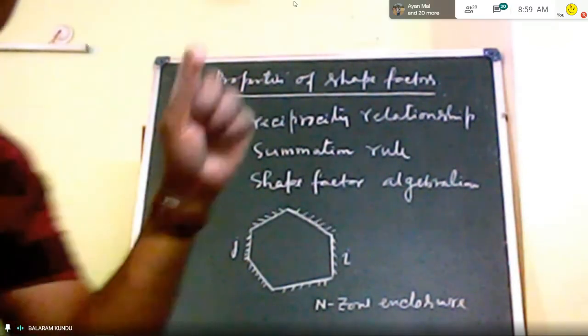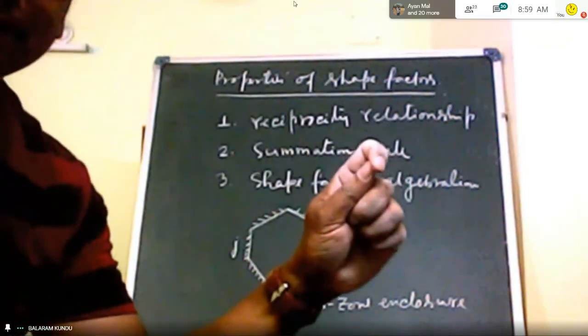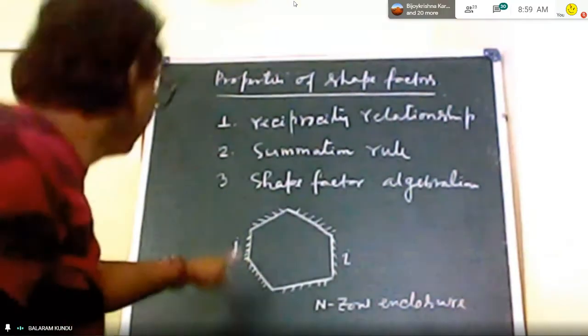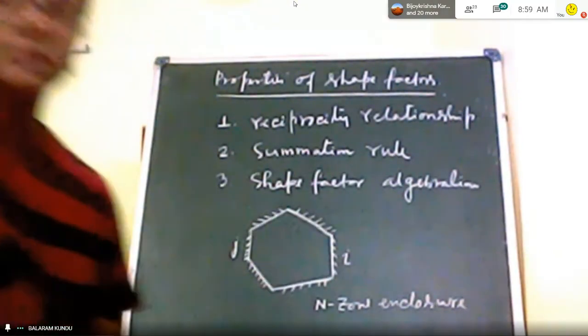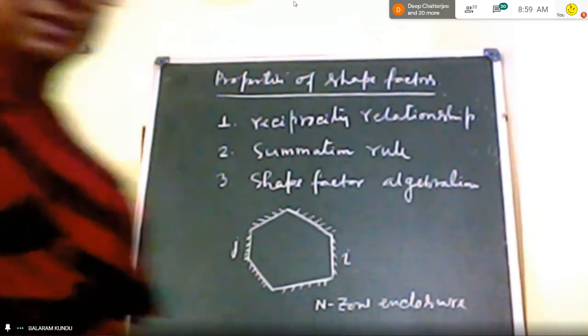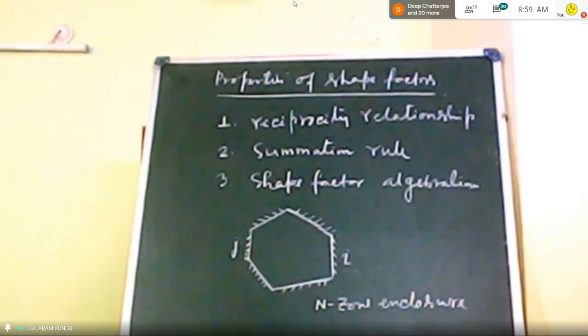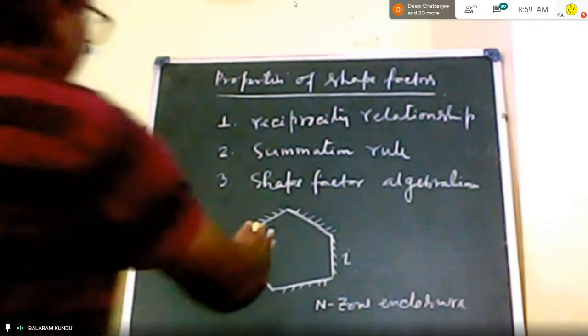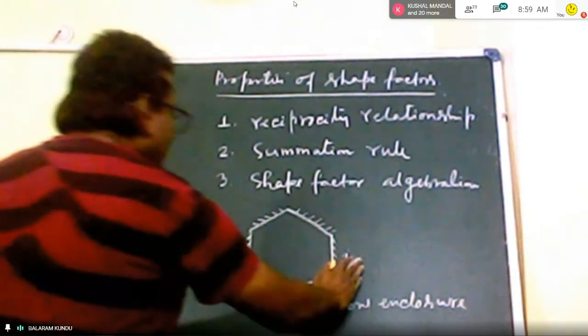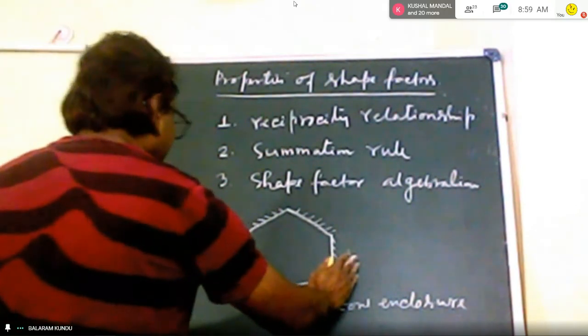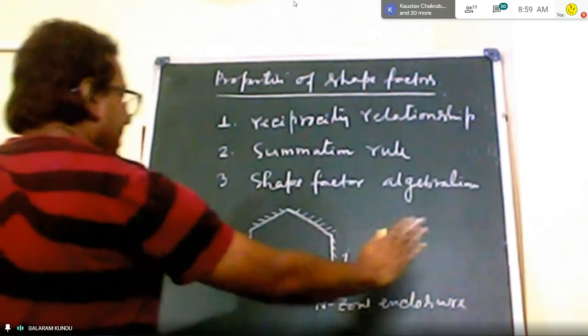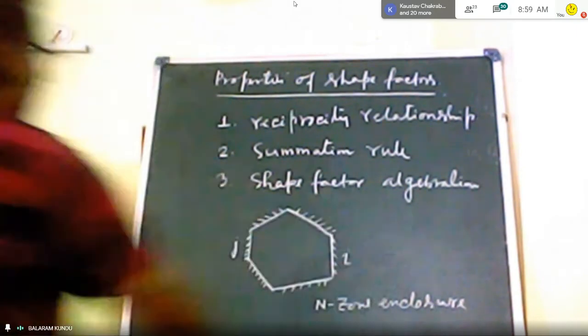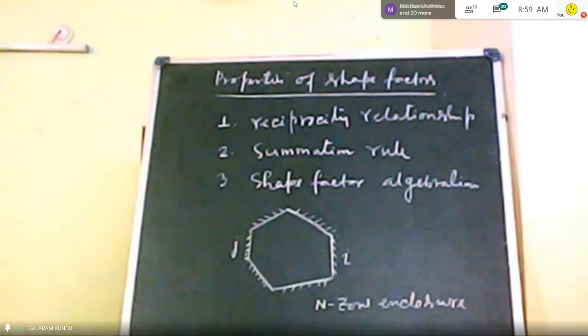So how can we write this from the concept of shape factor? Here Q1, I or J, any surface you can consider.